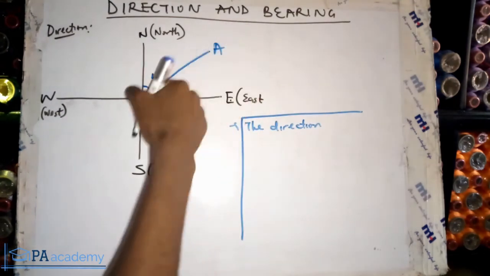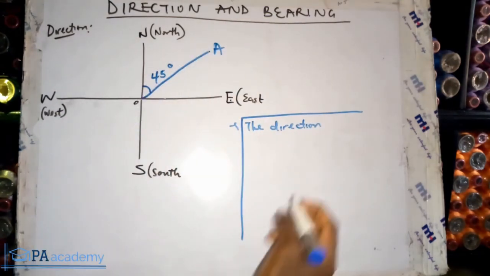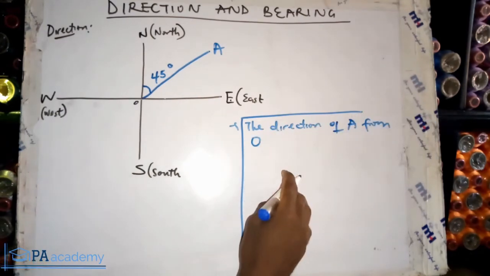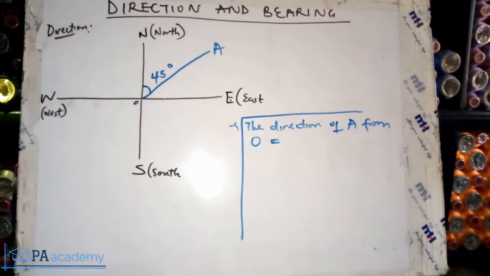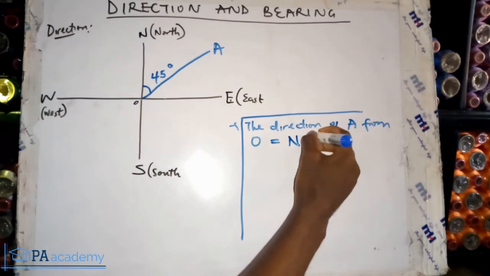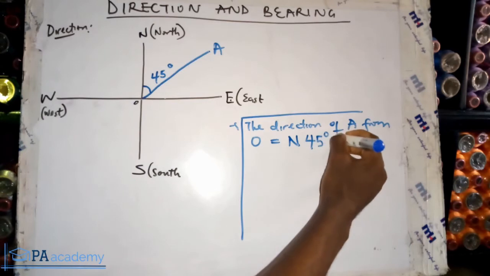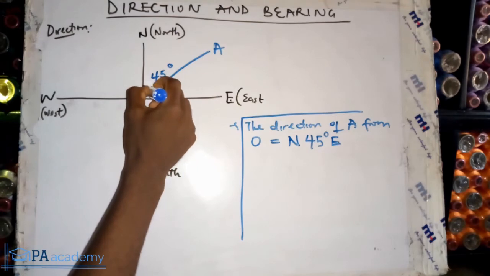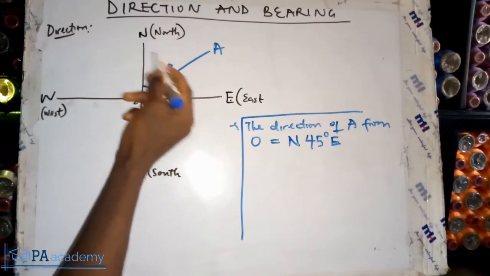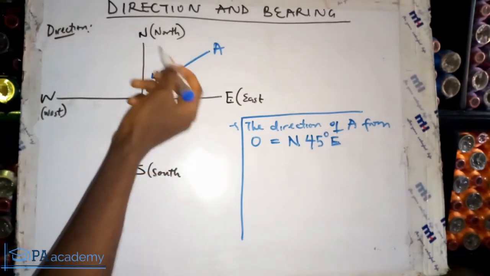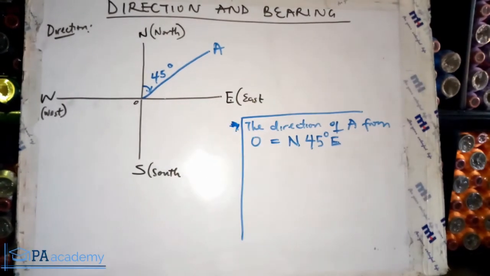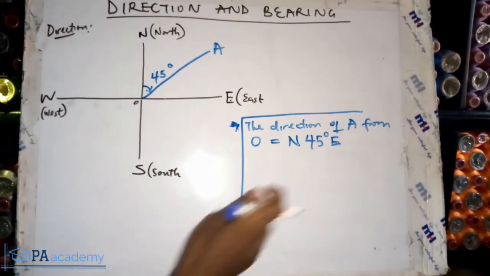Let's call this point A, let's call this line A. So the direction of A from O is equal to, now this is where I want you to pay attention, north 45 degrees east. Look at it, the angle is coming like this, north, when you are dealing with direction. So north, then the angle, east. That is how you represent the angle: north 45 degrees east.